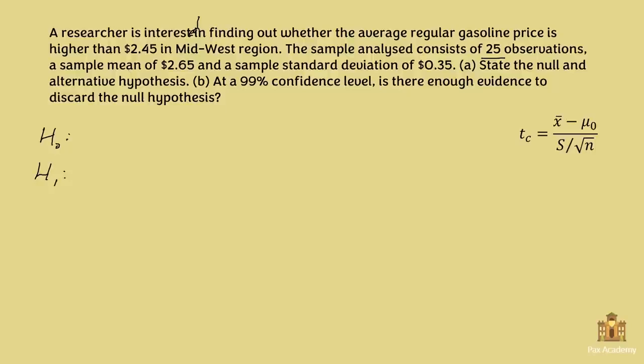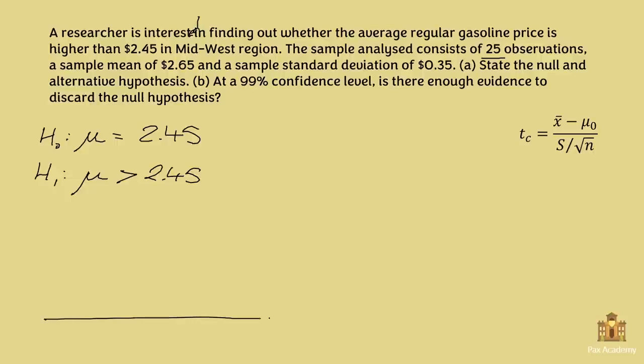So as you can see, here a researcher challenges a view and says that the average regular gasoline price is higher than 2.45. So the null hypothesis must be that the gasoline price is 2.45. And then he challenges the view by saying that it's actually higher than 2.45.